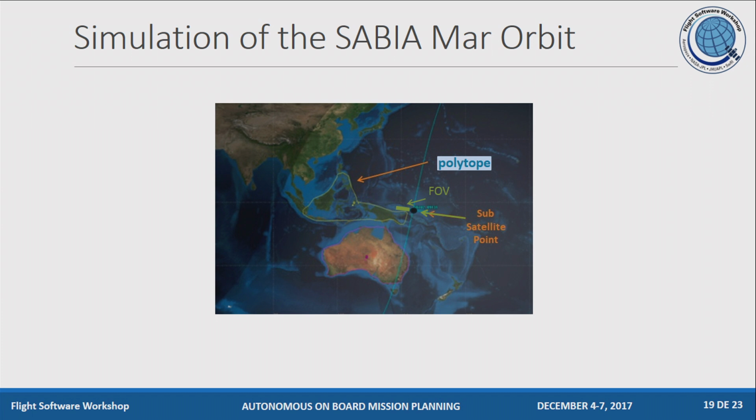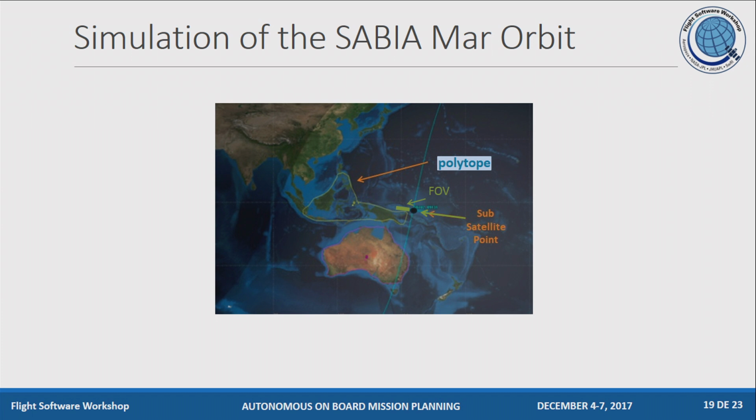Nothing more than that simulation. The planner has to provide us the possibility to also study the allocation of memory and the contact time. There is a spin-off also from the mission design.